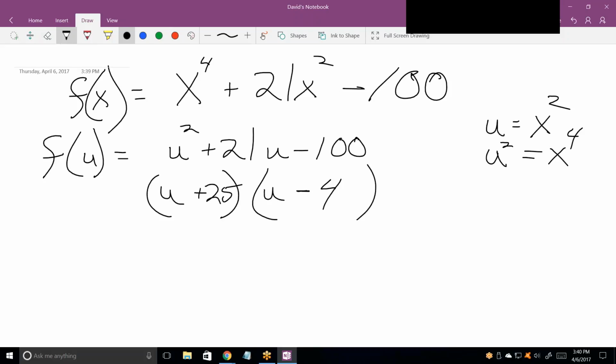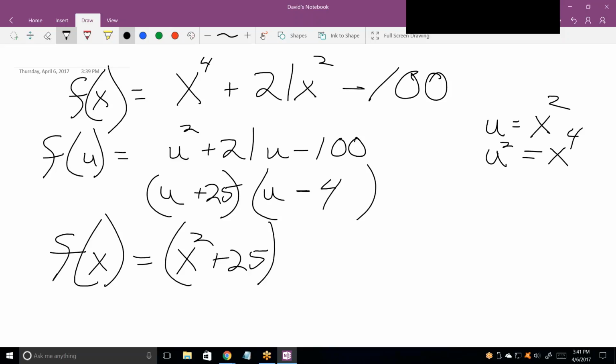But you always want to go back and resubstitute. In other words, let's put it back in a function of x. So in place of u, I'm going to say x squared plus 25. And for this one, I'm going to say x squared minus 4, which factors into x minus 2 times x plus 2.